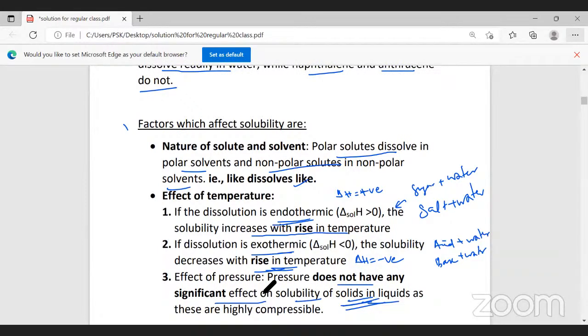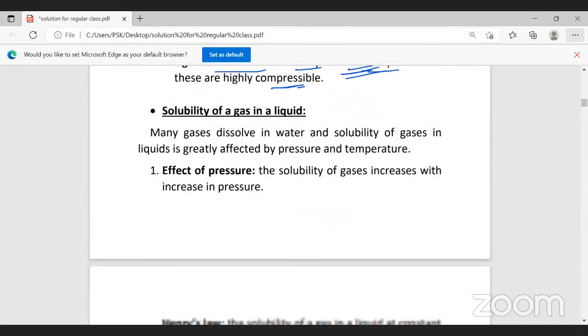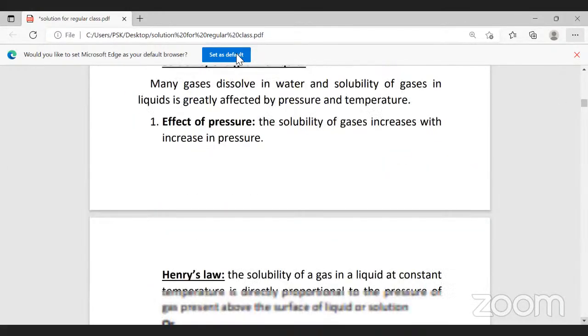But when a solid is dissolved in a liquid, pressure will not have any effect because solids and liquids are highly incompressible. So we will learn the other part of the topic, where we can solve some problems, tomorrow in the class.